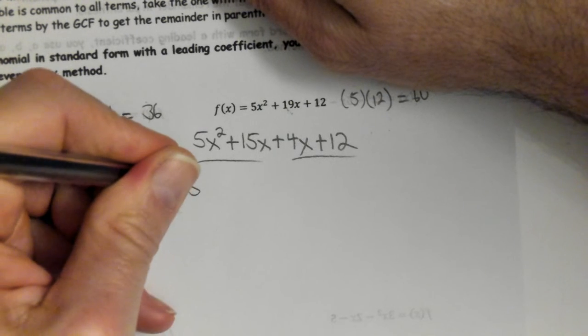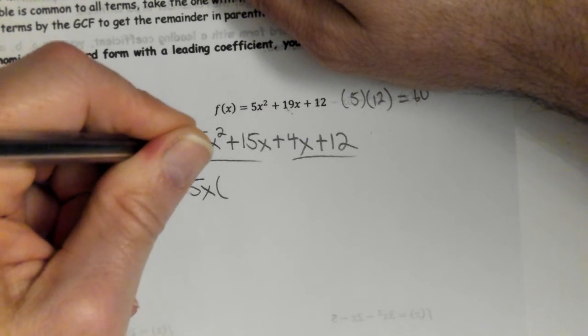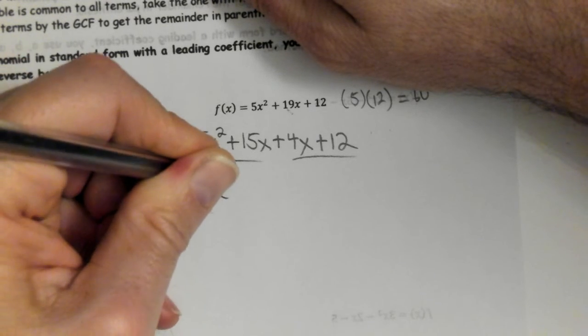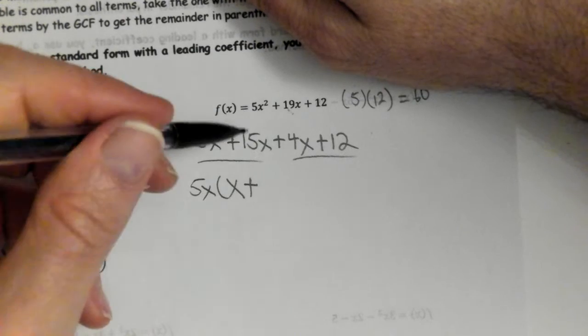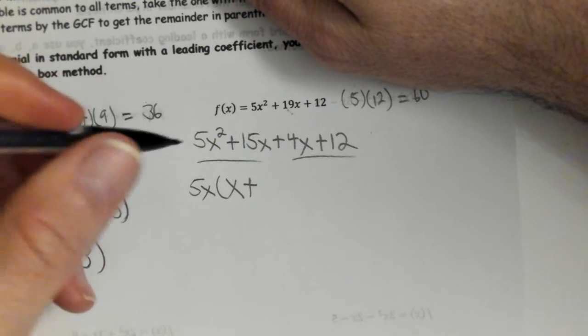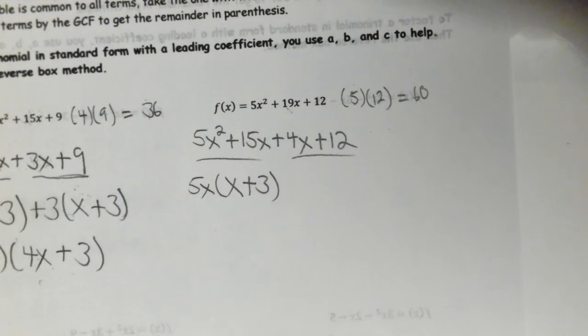Looks like I can factor out a 5x in common, and divided by 5x here would leave me with just an x, and there's a plus for my sign, and 15 divided by 5 is going to make 3. The x's cancel, so that's just going to be x plus 3.